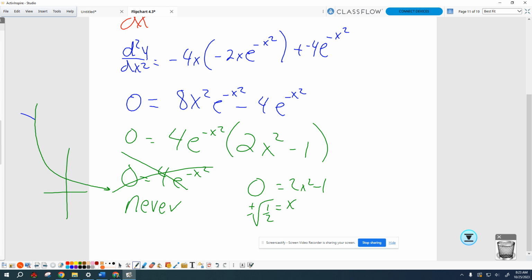Okay, so inflection points, are they both inflection points or do I need to test something else? Sydney, what do you think? Yeah, we need to test something else. What do we need to prove? Like the sign changes. The sign of what? The second.